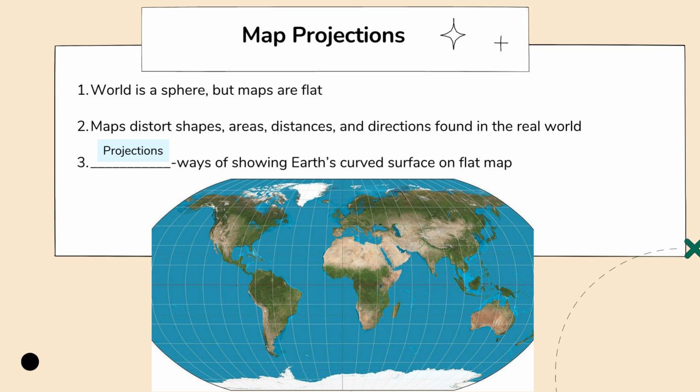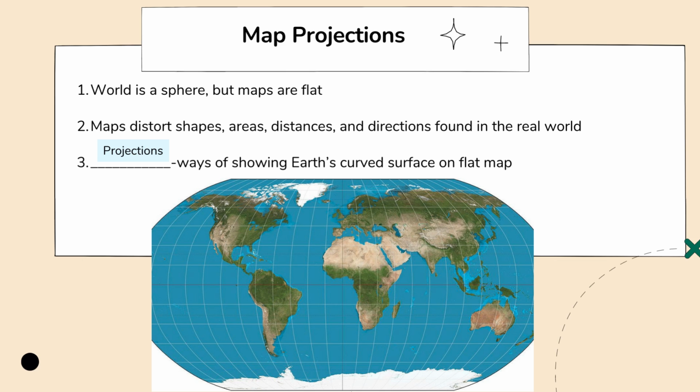So something that we think about a lot is how people are able to show a 3D globe as a flat map. This is something that can be really tricky for cartographers to do, because whenever you take a 3D shape and you flatten it out, the 2D map can distort shapes, areas, distances, and directions that you would find in the real world. To reduce this distortion, or that change, cartographers use projections, or ways of showing Earth's curved surface on a flat map.